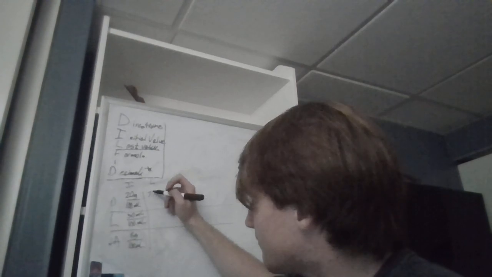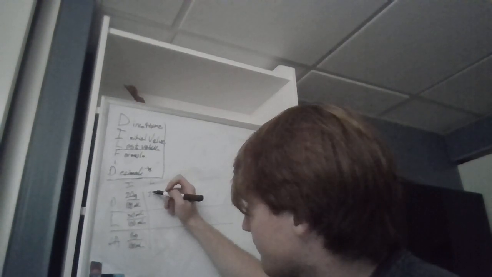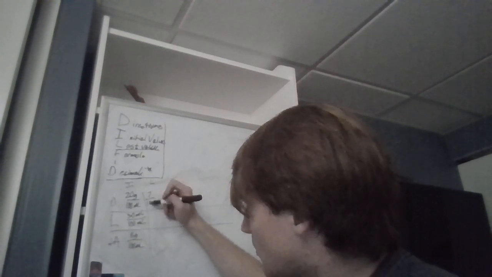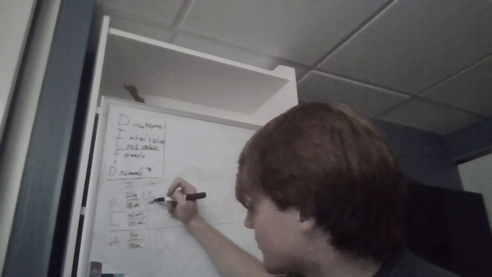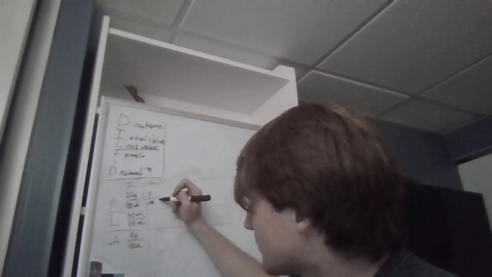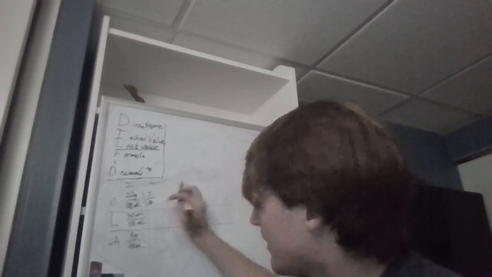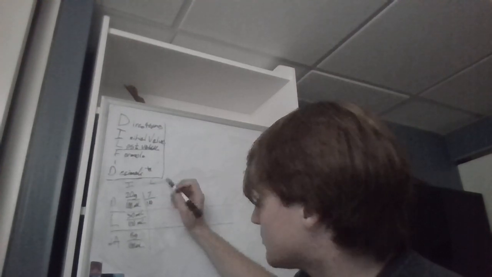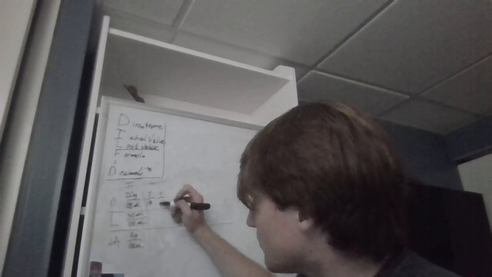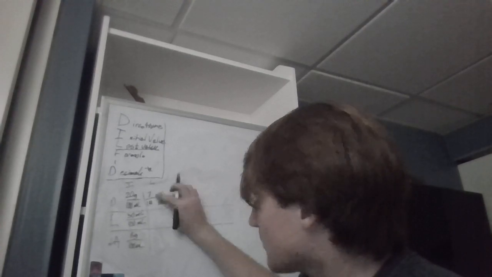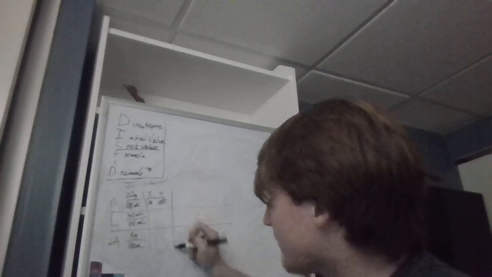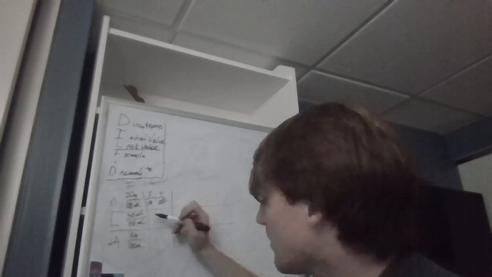So 7 per 100 is equal to x over 1,000, and I do all of these values together as one thing.